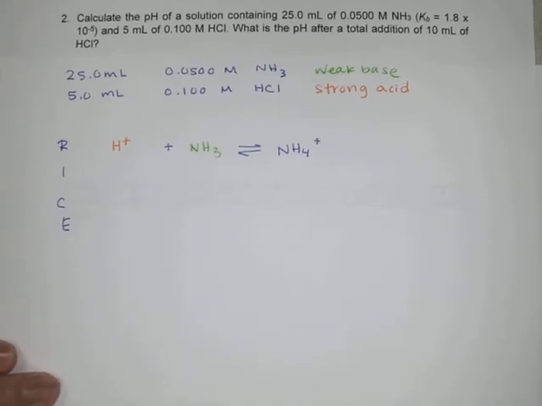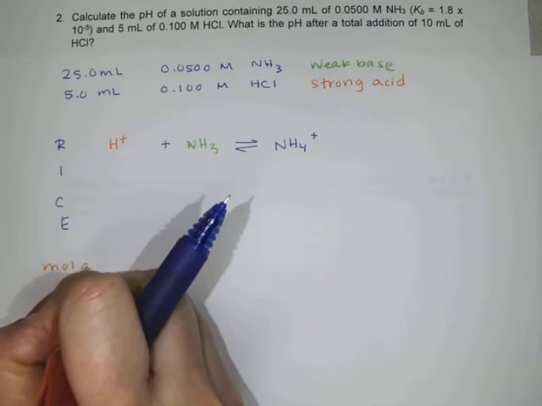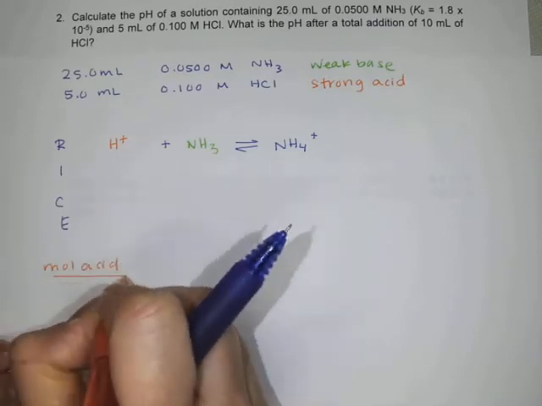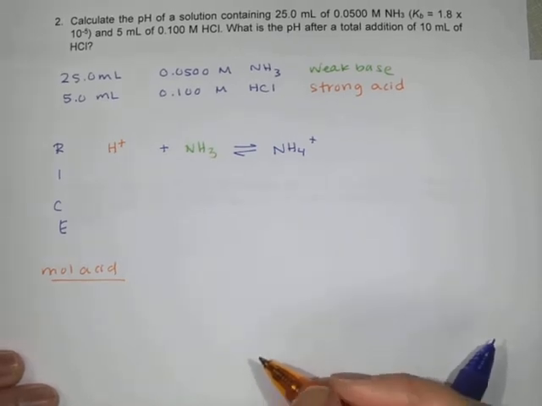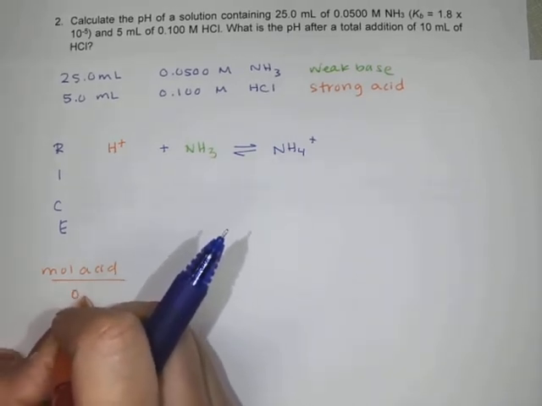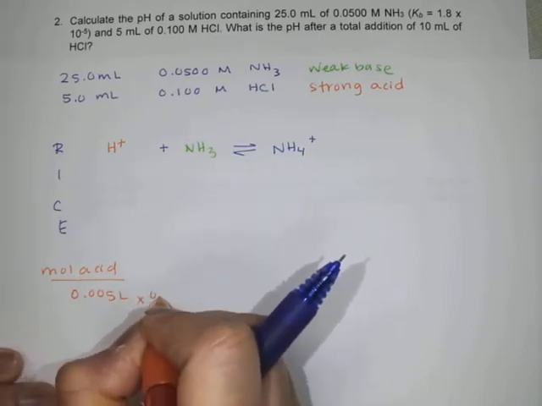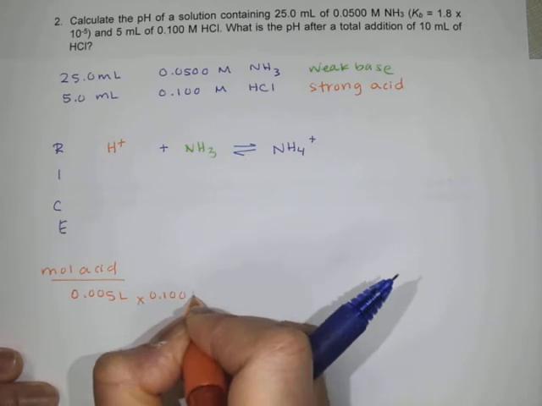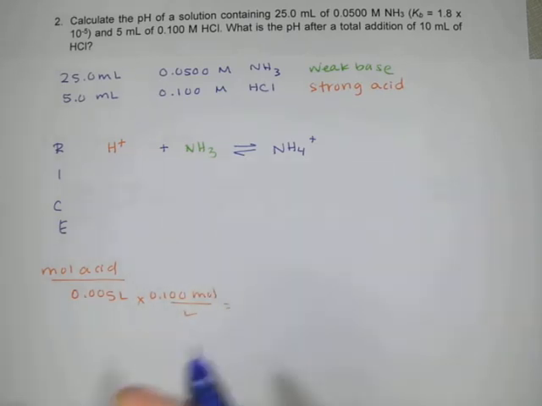So I'm just going to do moles of acid first. So to get moles of acid, we have 0.005 liters, again, times 0.10 moles per liter. So our moles, again, this needs to be in moles.